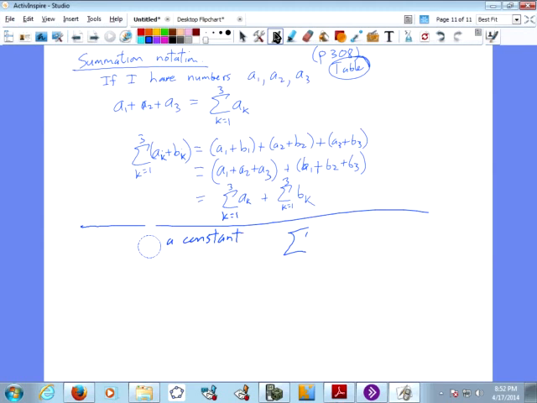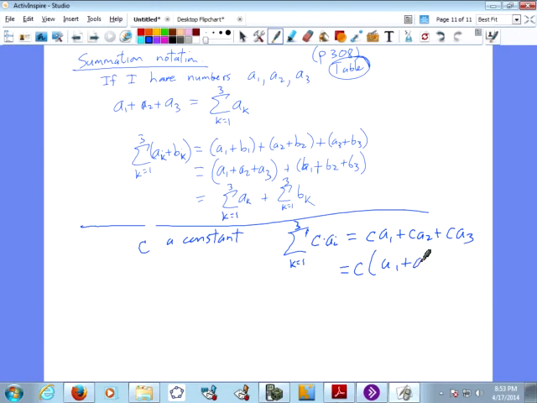If I have C a constant, then K equals 1 to 3. If I take each one of the A's and multiply it by this constant, that's the same thing as C times A1 plus C times A2 plus C times A3.